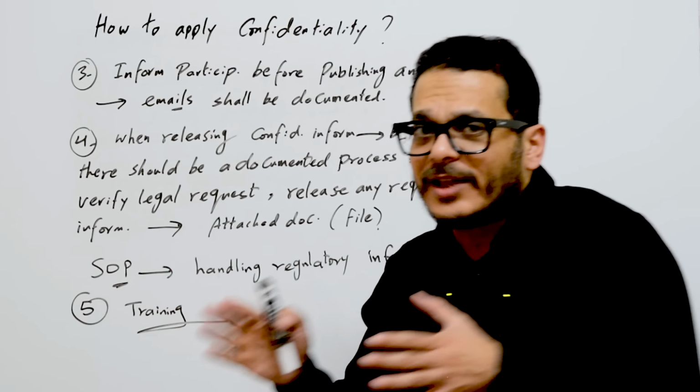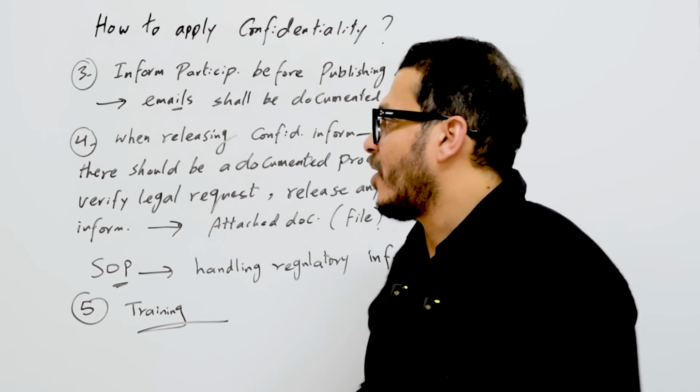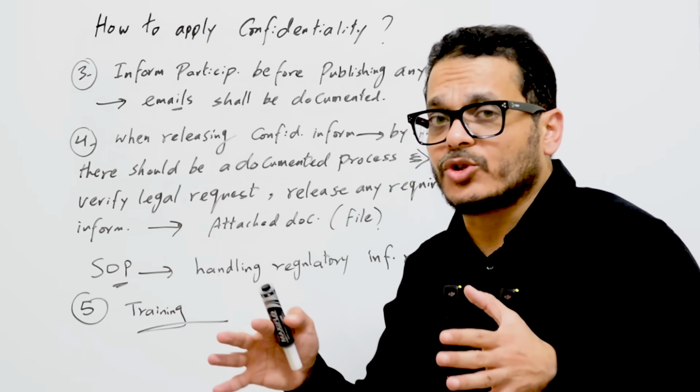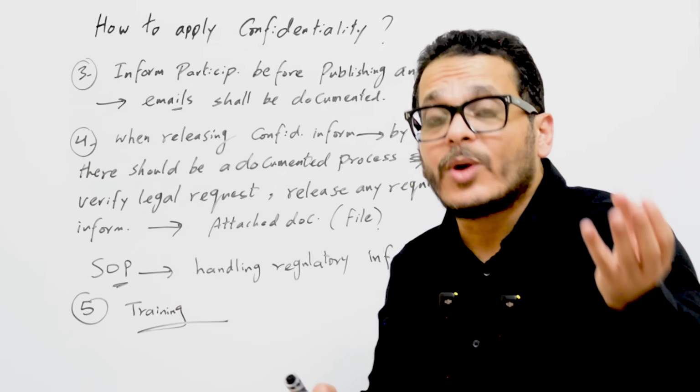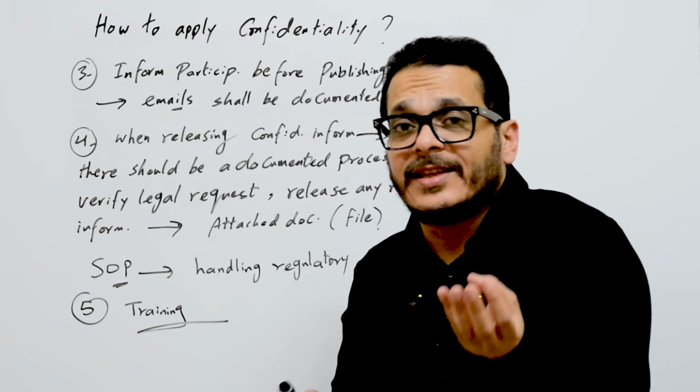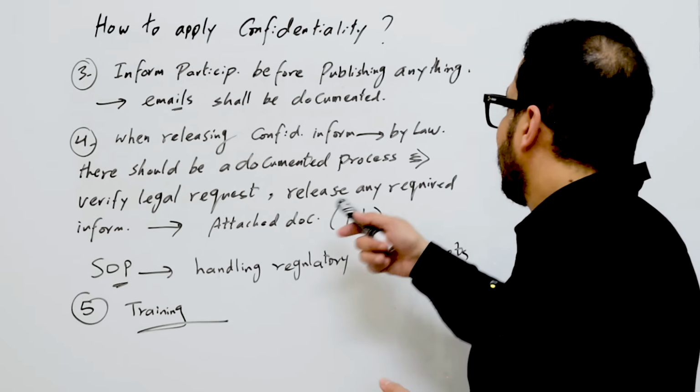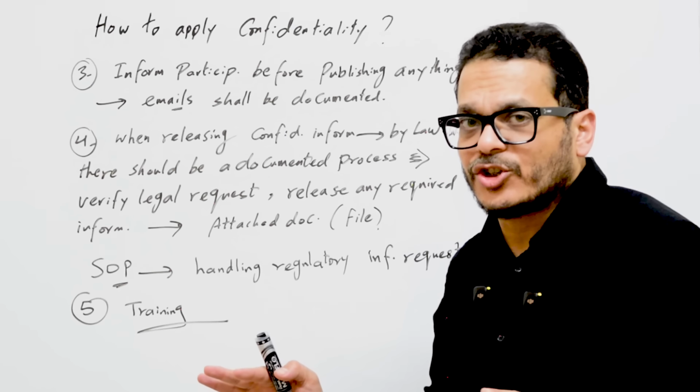If it is prohibited, you shall not notify the participant, but you have to keep all documents for this process. At the beginning, they will make a request, so you will verify their legal request at the beginning. So verify the legal request and release any required information to them.